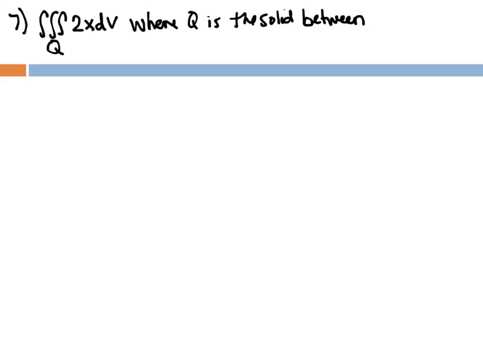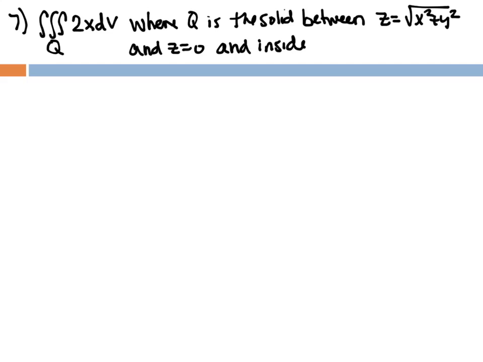Over region Q of 2x dv, where Q is the solid between z equals the square root of x squared plus y squared and z equals 0. And inside x squared plus y minus 1 squared equals 1.